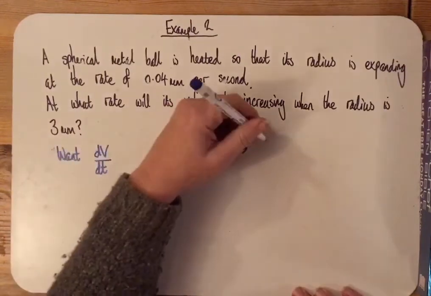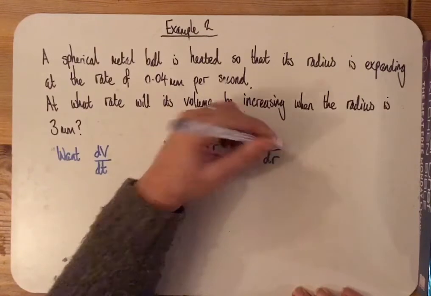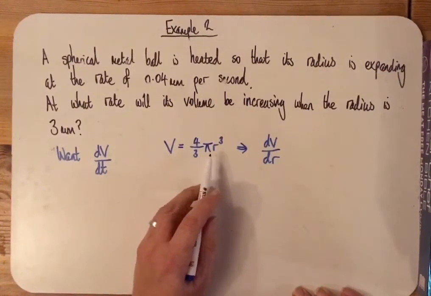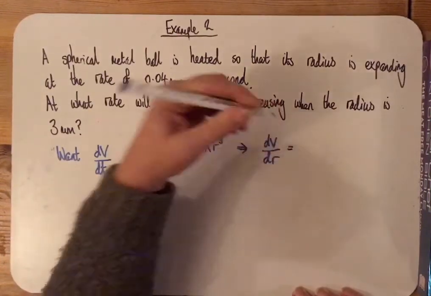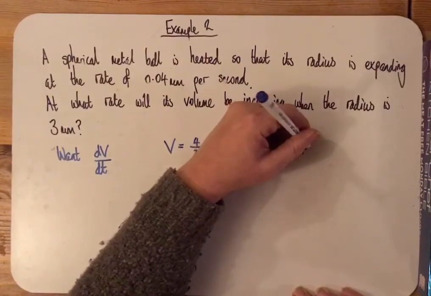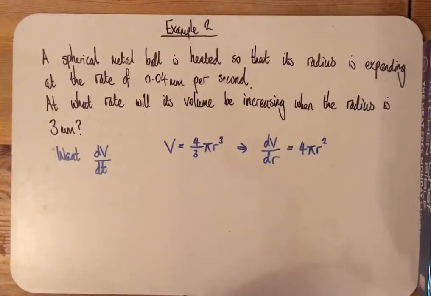So I need to differentiate the volume with respect to r, because that's the only variable I have. Timesing by 3, we end up with 4 pi r squared: timesing by the power, taking 1 off the power.